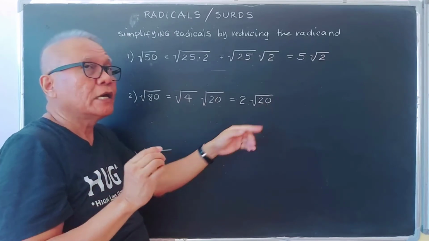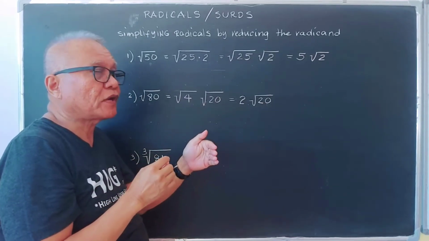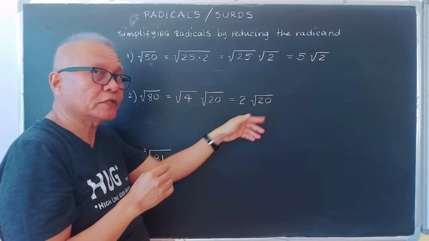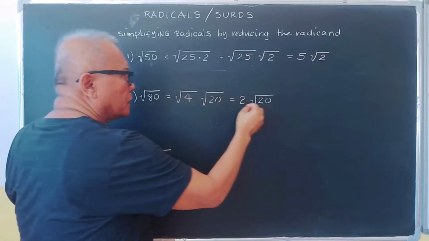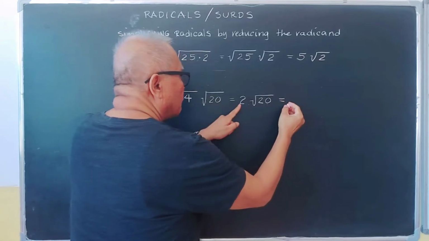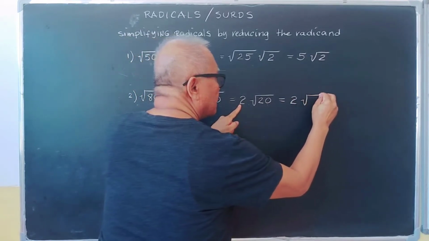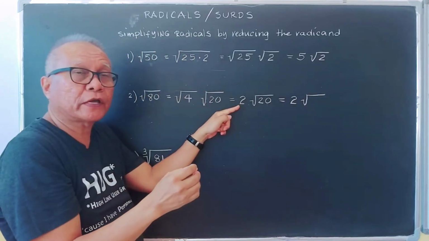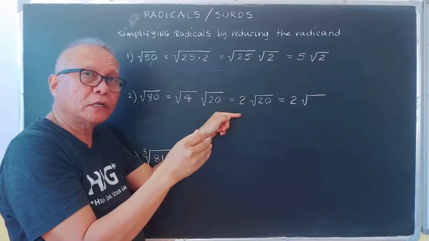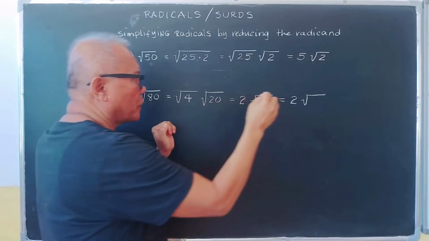But the square root of 20 is not yet simplified. We can still break it and get a perfect square number from 20, which is 4 and 5. So here we still have the 2, and let us break the 20 into 4 and 5. Why 4 and 5? Because 4 is a perfect square number.